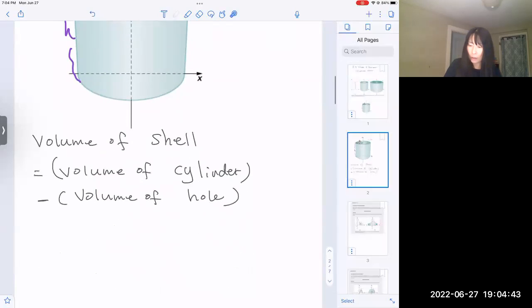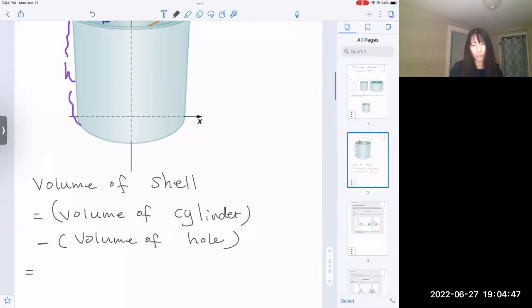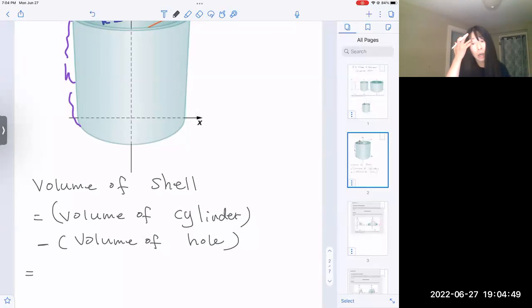Okay, now we can say that we have a table, right? So let me denote it this way: pi, uppercase R squared h, minus pi, lowercase r squared h.